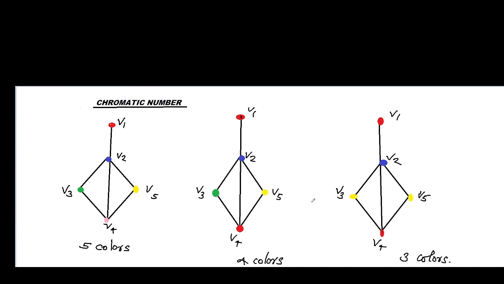Chromatic number means the minimum number of colors used to color a graph such that no two adjacent vertices have the same color. In the third figure you can see that the adjacent vertices are colored with different colors and the minimum number of colors is 3. So the chromatic number is 3.